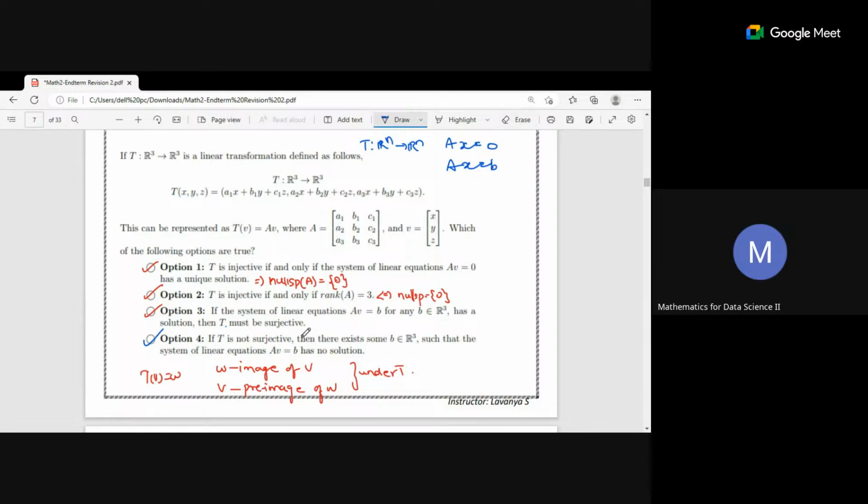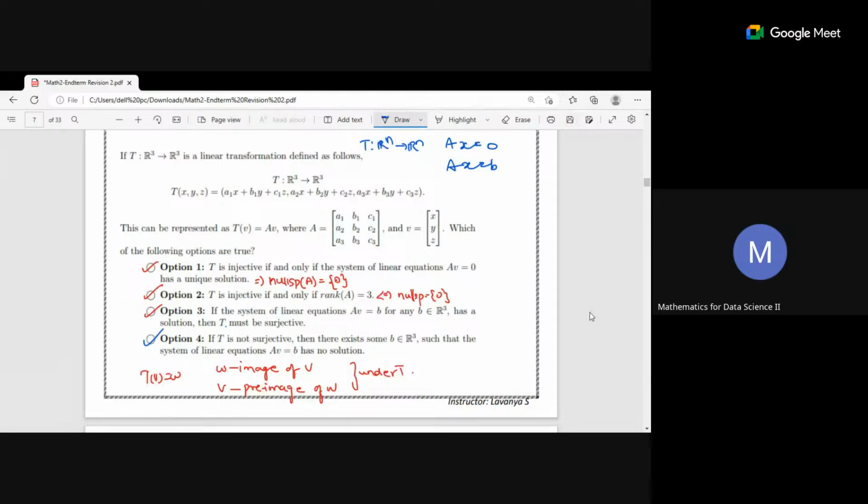So from here, the homogeneous system will have a unique solution when T is 1 to 1. And the non-homogeneous system will always have a solution for any B if T is onto. Okay. So these facts are given as a question here. These are important facts to remember. So I hope you all understand how it happens here.